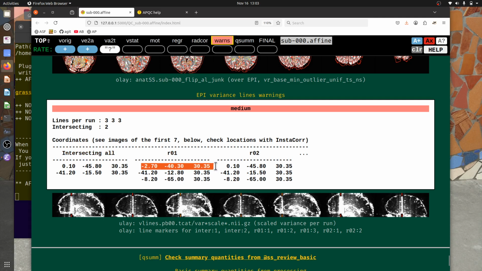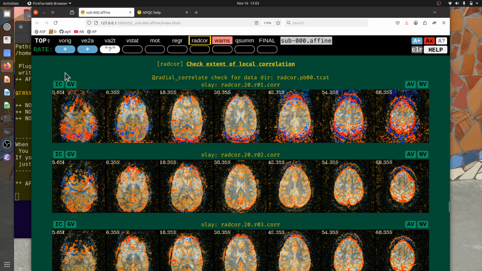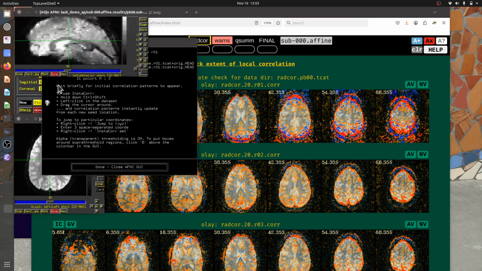So what I want to do is look at the raw data before any processing, in its original space, and go to this location and look at Instacore. The way I can do that is, if you remember, we do have data that was just copied in without any processing. That was up in the RADcore block. And so now let's look at run 1, the Instacore there.